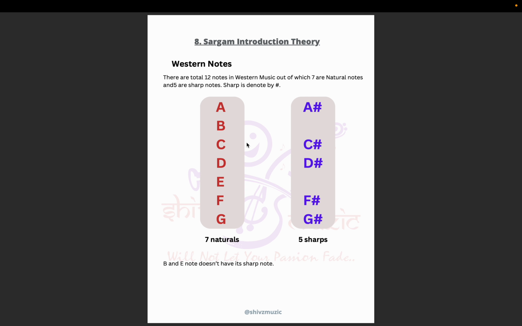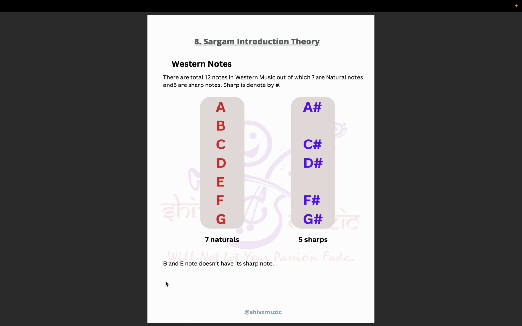Then 5 sharps, for A to G except B and E. So in order it will be A, A sharp, B, C, C sharp, D, D sharp, E, F, F sharp, G, G sharp.